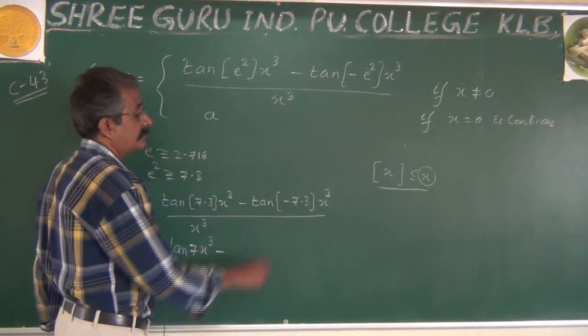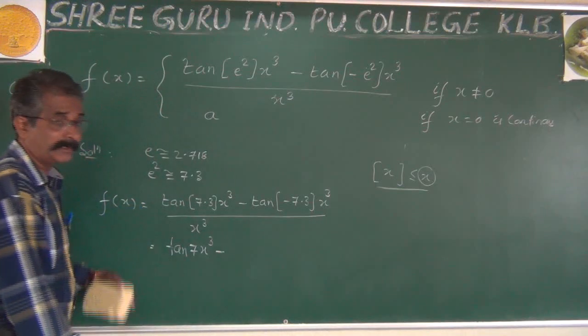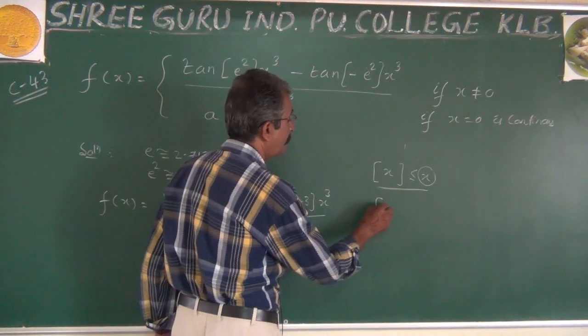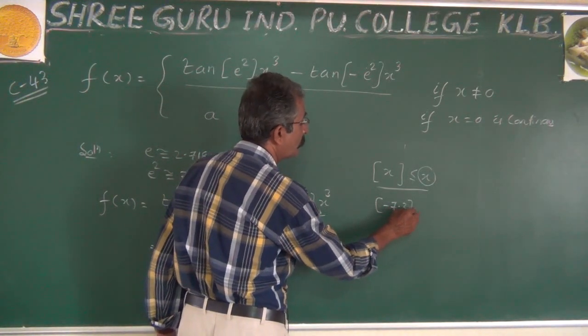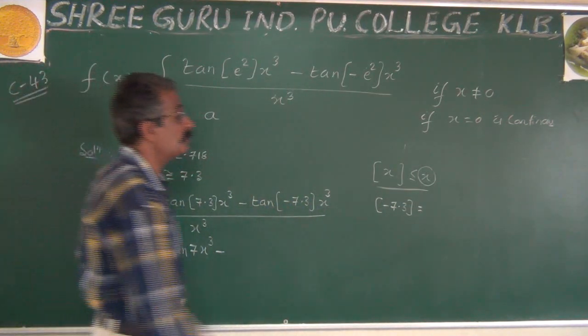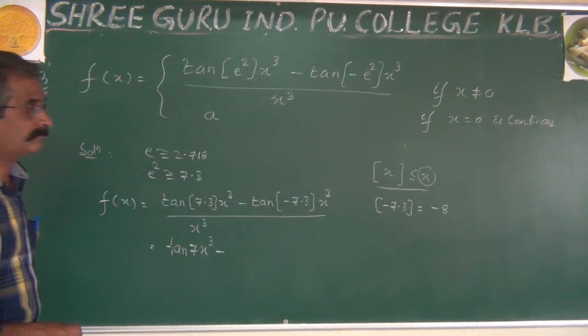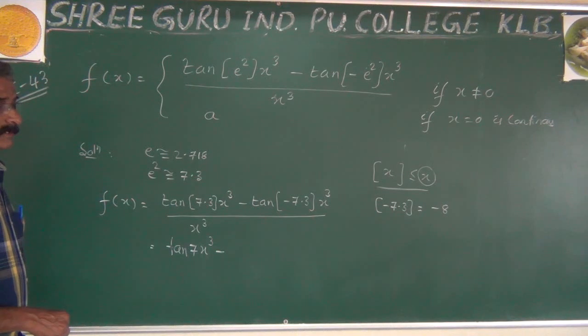Now this is the greatest integer of minus 7.3. The greatest integer of minus 7.3 is not equal to minus 7. Be careful, it will be equal to minus 8, because minus 8 is less than minus 7.3.